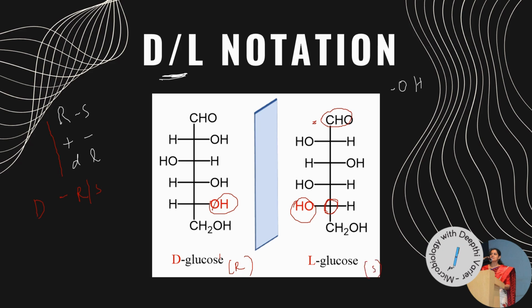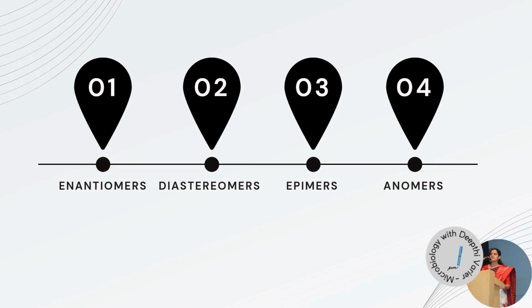But again, this is not a blanket rule. It can change. The one thing that we do need to keep in mind is that all the biologically relevant carbohydrates are of D configuration. This is what we have found out. So almost all the carbohydrates that we'll be encountering are of the D configuration or D notation.